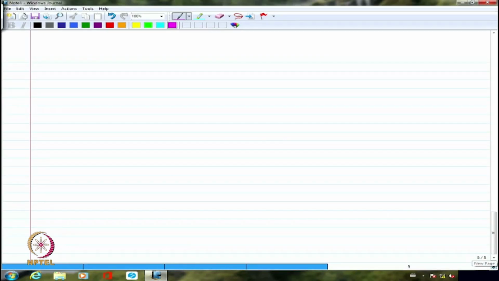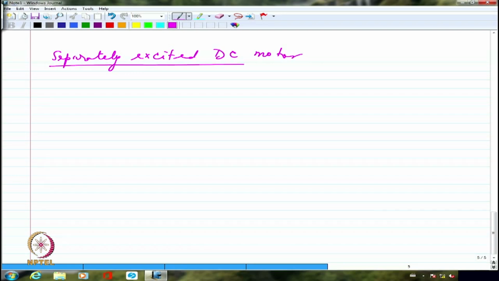Right? So with this background, let us try to look at the DC motor configurations. Let me start out with the separately excited DC motor. So I have a separate excitation for the DC field winding.